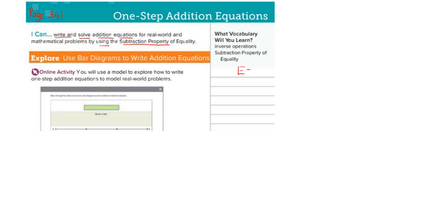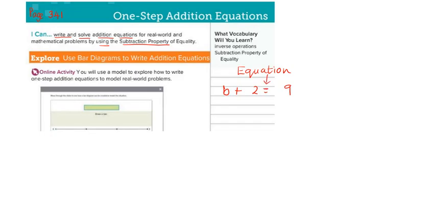An equation is a mathematical sentence that has numbers and variables, for example, b plus 2 equals 9. Whenever you see the equal to sign, this indicates that it's an equation.